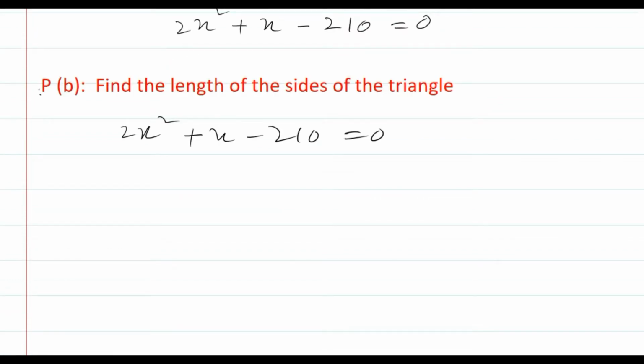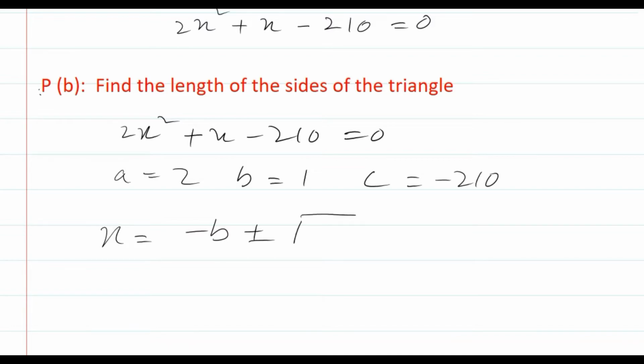To find the length of the sides of the triangle, A is equal to 2, B is equal to 1 and C is equal to minus 210. X is equal to minus B plus minus square root of B square minus 4AC, whole over 2A.